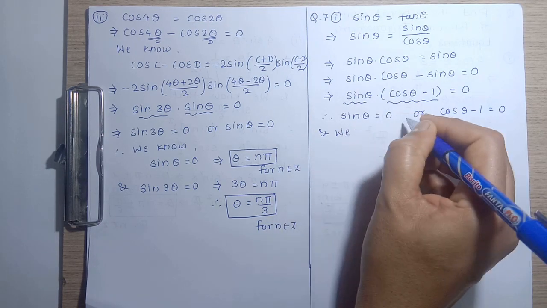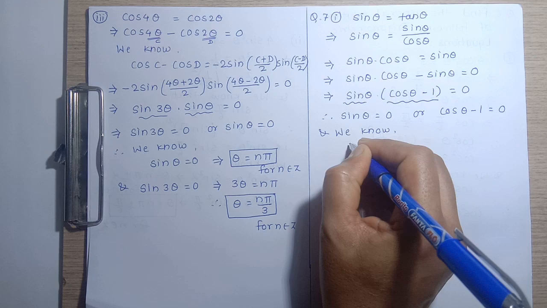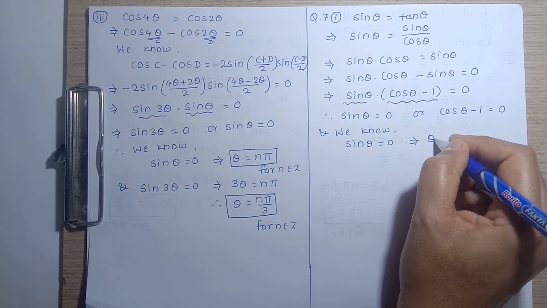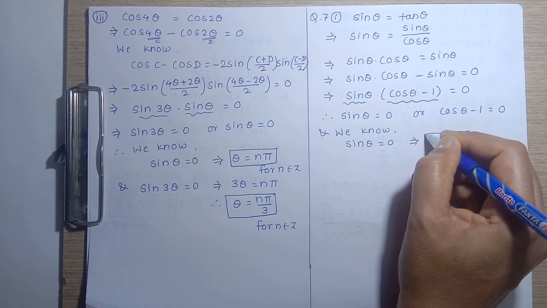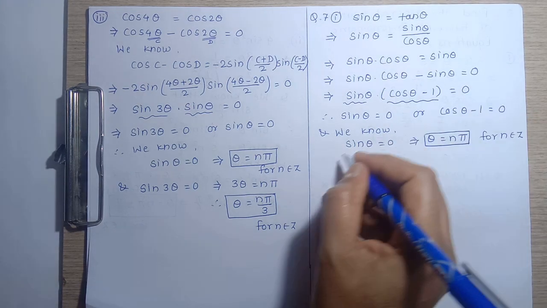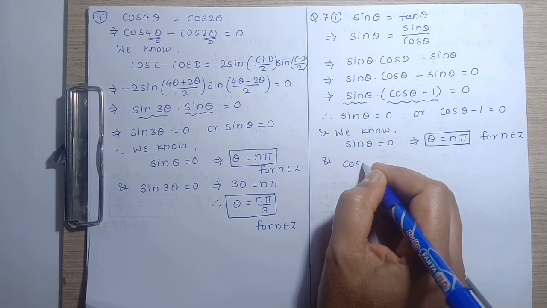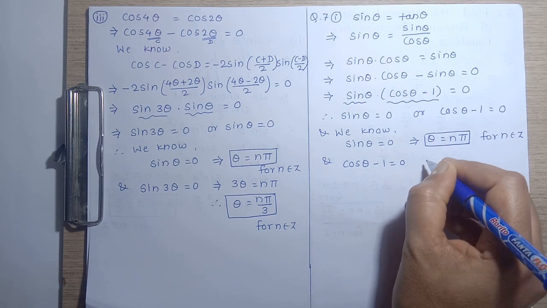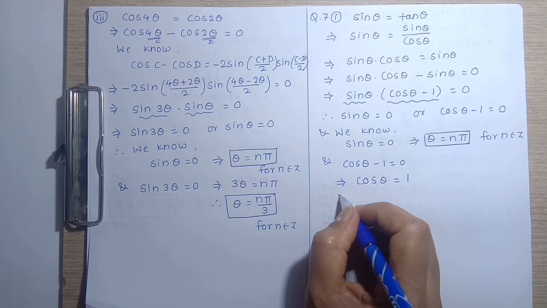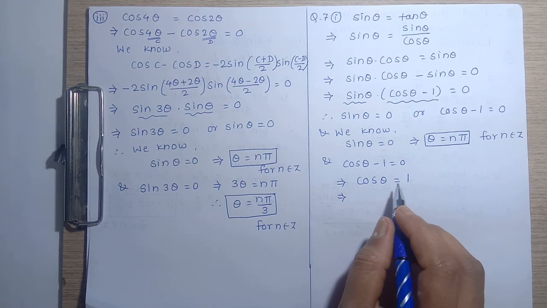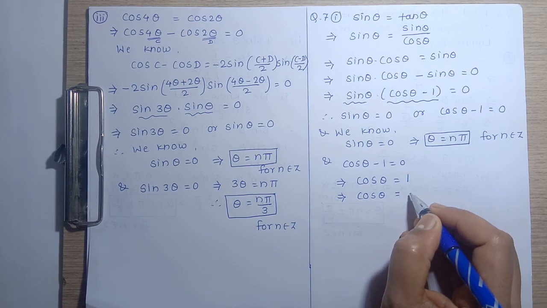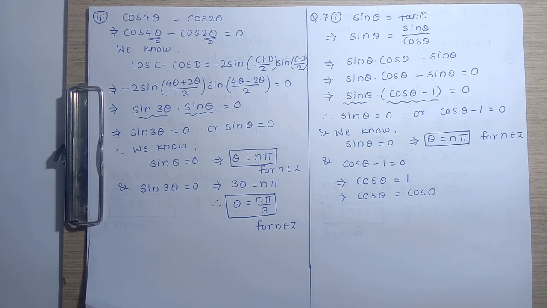And we know that the solution for sin theta is equal to 0 is theta is equal to n pi for n belongs to Z. And cos theta minus 1 is equal to 0 implies cos theta is equal to 1. And we know that cos 0 is equal to 1. Therefore, instead of 1 on the right hand side, we write cos of 0.